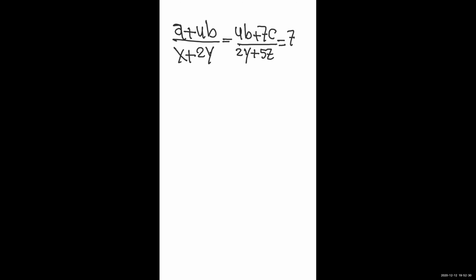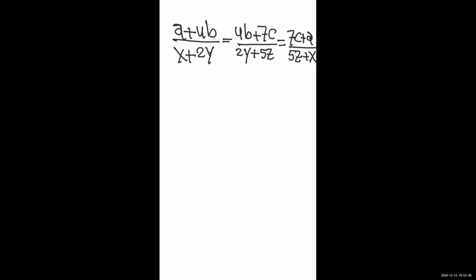If a plus 4b over x plus 2y will equal 4b plus 7c over 2y plus 5z, then it will equal 7c plus a over 5z plus x.